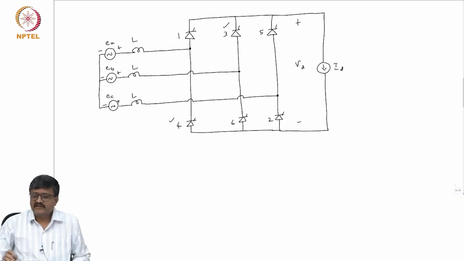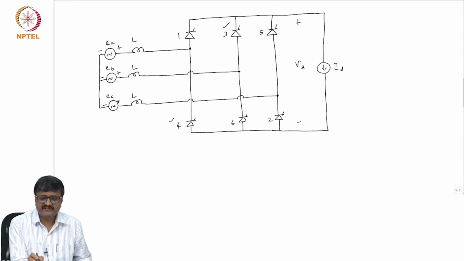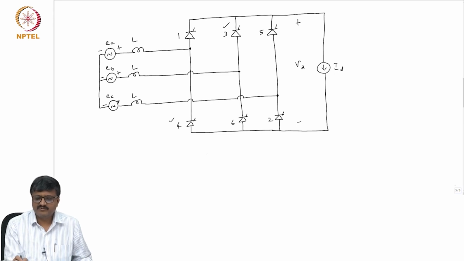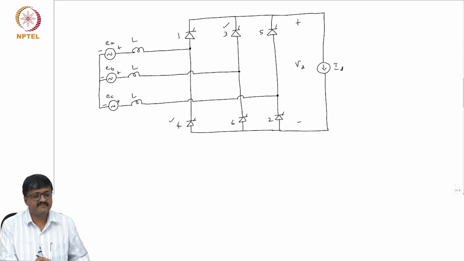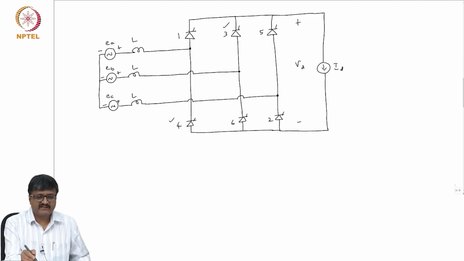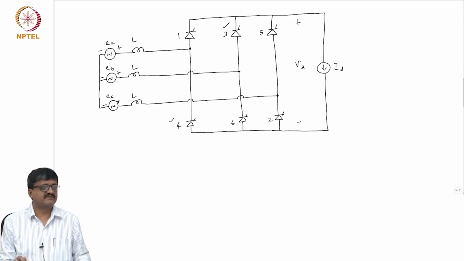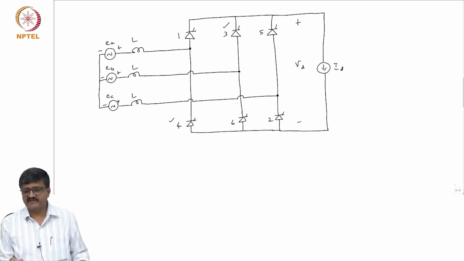When 3 and 4 are conducting, the current I D is passing through the inductance connected in series with E B, and also through the inductance connected in series with E A. The voltage sources through which there is a non-zero current are E A and E B. The inductances which carry the same current I D will not have a voltage drop across them because the current is constant, so I can easily write the expression for V D.